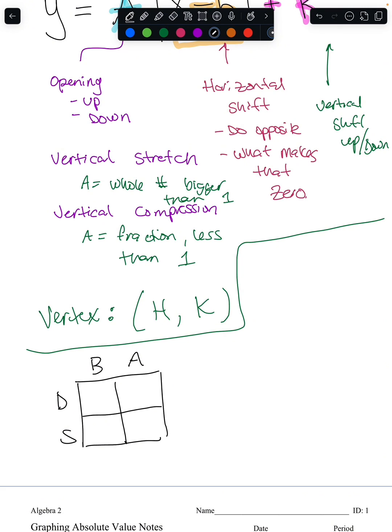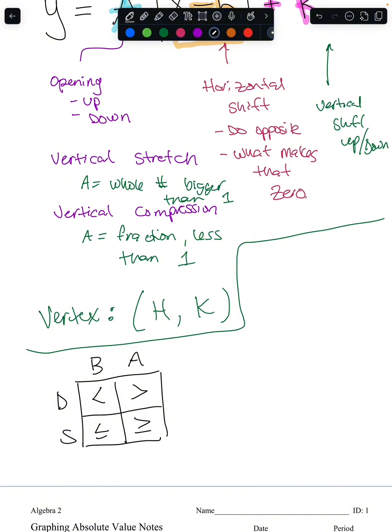A was above, B is below, D is dotted, S is solid, and we did one of these. Well, guess what? That table still applies, because when we graph our absolute values, you're going to end up going to the vertex, and we're going to be either shading above or below when we get to those.